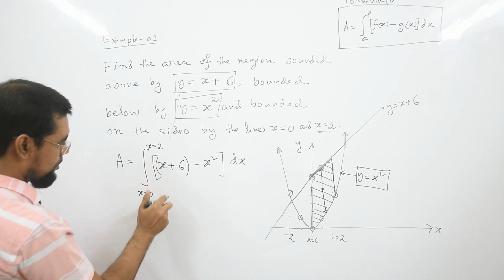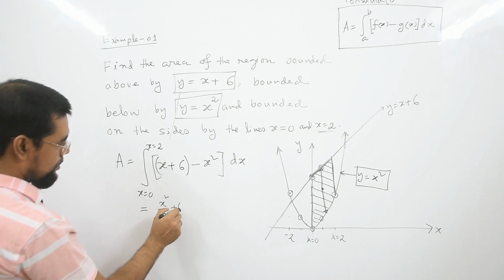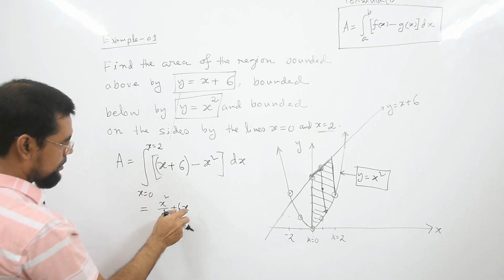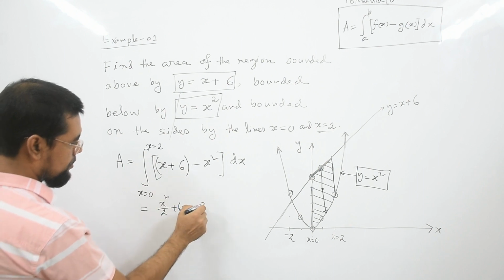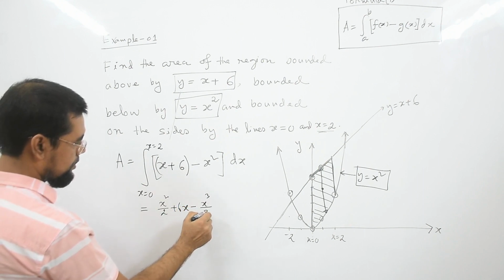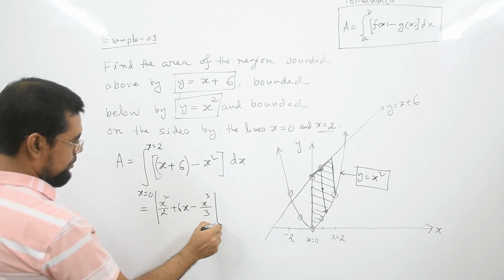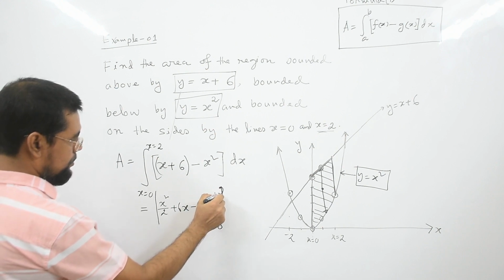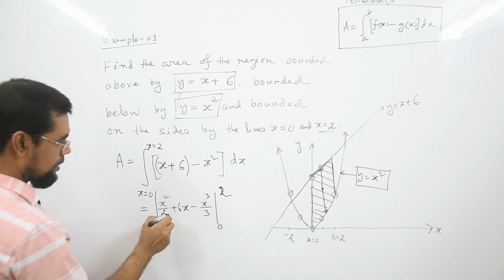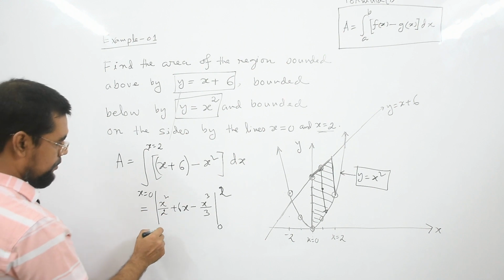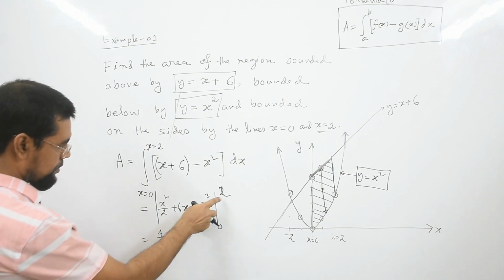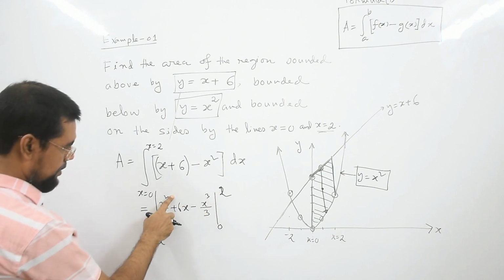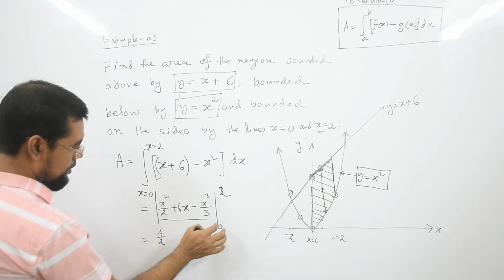Let me write it: x square by 2 plus the integration of 6, which is 6x, minus x cube by 3, from lower limit 0 to upper limit 2. This equals 4 by 2. You just need to put the upper limit first, then the lower limit.